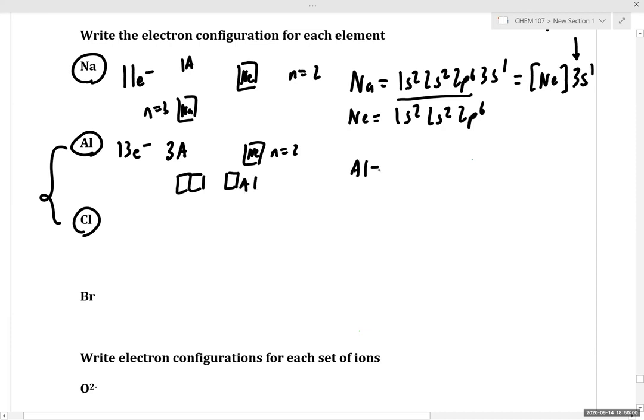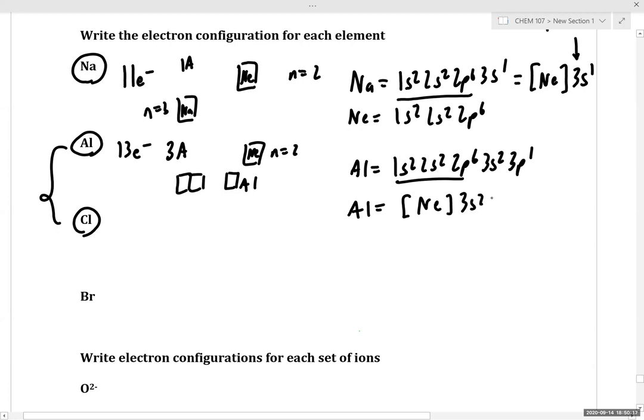So aluminum's broader configuration is 1s2, 2s2, 2p6, 3s2, 3p1. We can abbreviate our inner shell electrons, and that gives us the configuration for aluminum of neon 3s2, 3p1. So it saves you a lot of time writing out the full configuration.